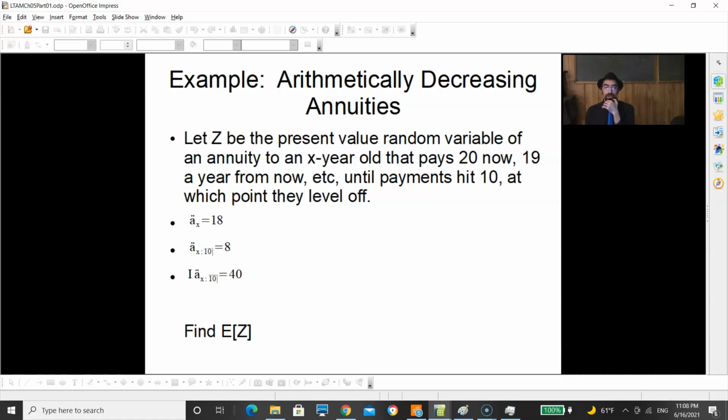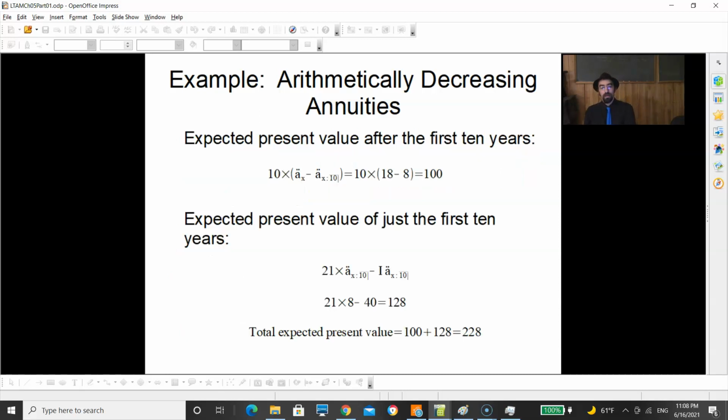And then I can think about everything after those 10 years where the payments are just 10, 10, 10. After the first 10 years, it's just going to be a payment of 10 times ä_x minus ä_{x:10}. ä_x minus everything from the first 10 years gets me everything after those 10 years. So I crunch the numbers, I get 100.